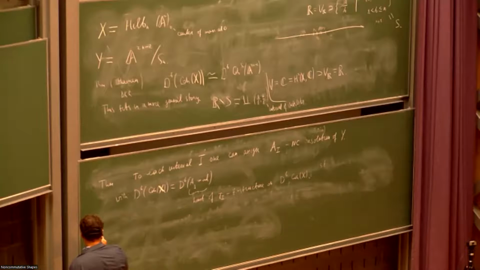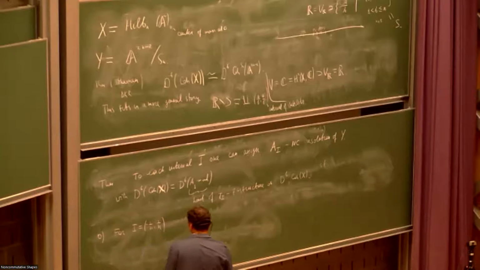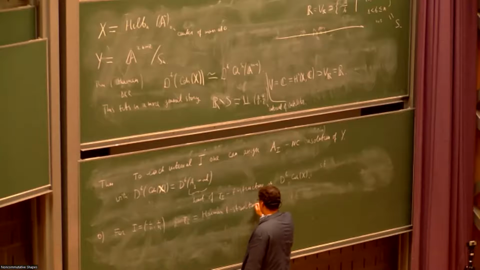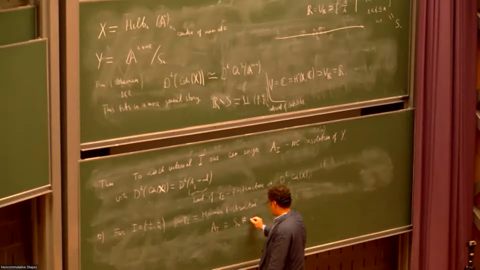Maybe the first two characterizing properties is that for I equal to minus 1 over n, tau_I is equal to the Haiman t-structure. So in other words, A_I is nothing but Sn smash product with C of A2 to the n minus 2.